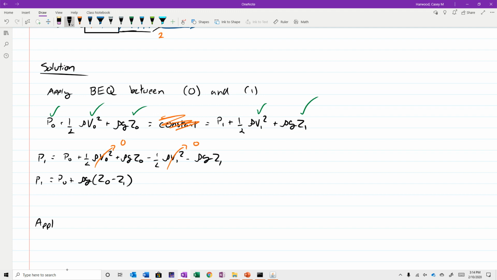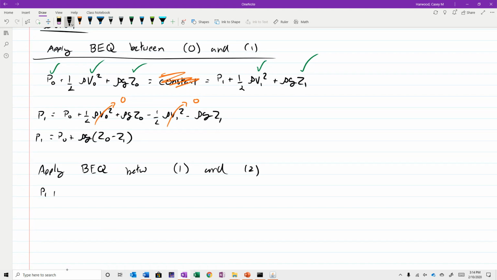So before we go any further, or rather before we solve for this and actually get a numerical value, we're going to now apply the Bernoulli equation between 1 and 2.